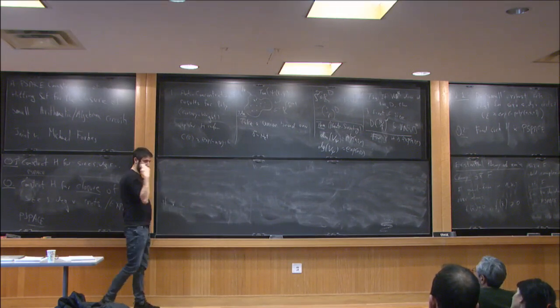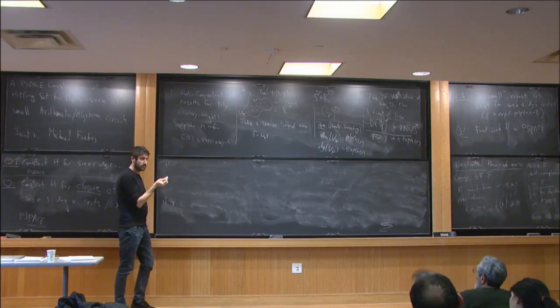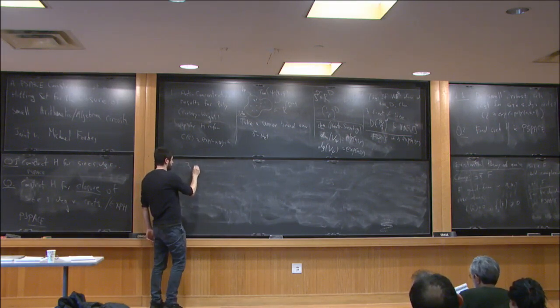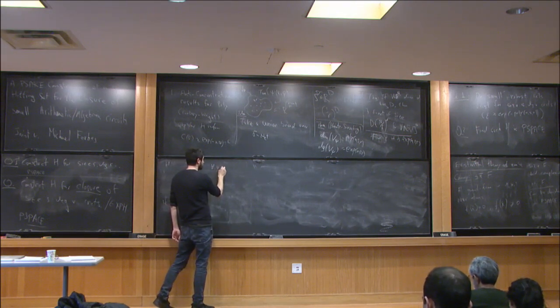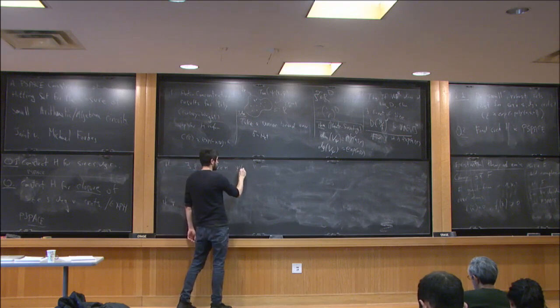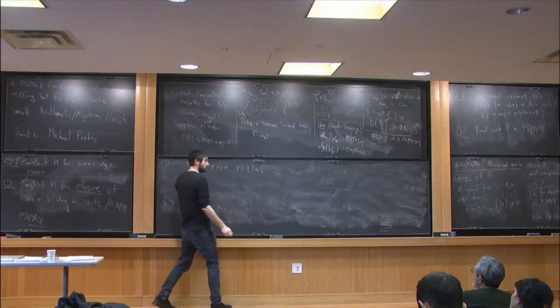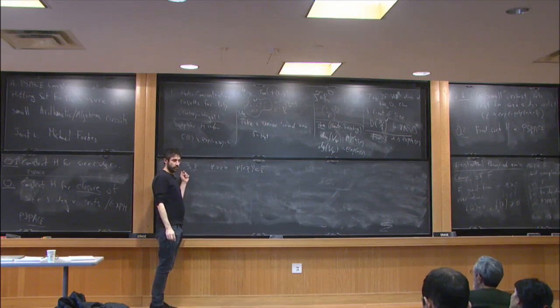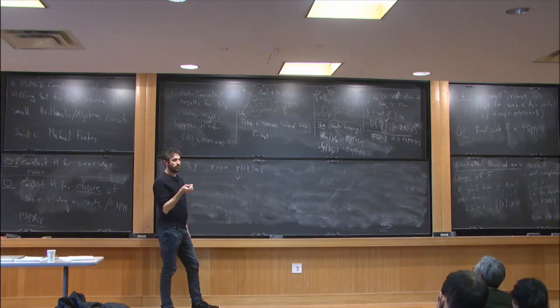Okay, so as before, we are given H, and we want to ask, does there exist some rho such that for every v in our set, this thing is small, so that H is not epsilon robust. But we also want to say that psi is normalized, right?